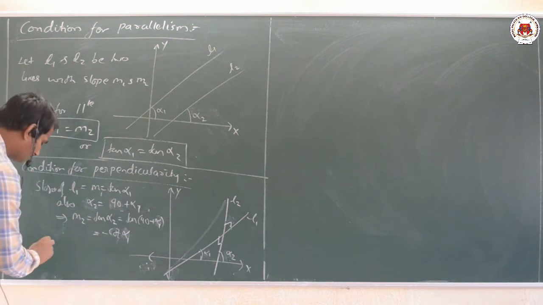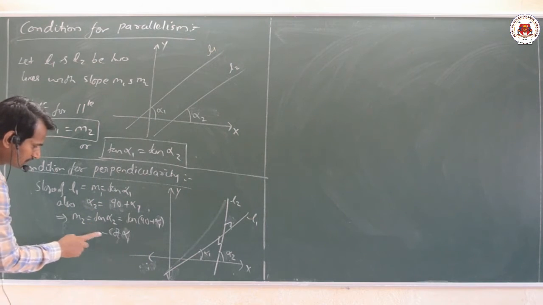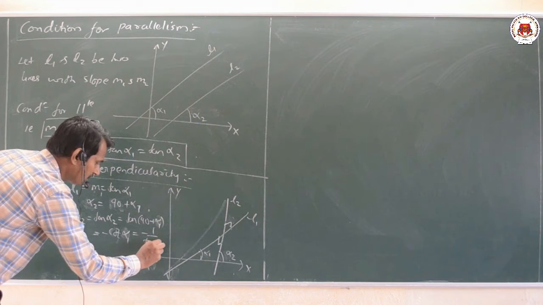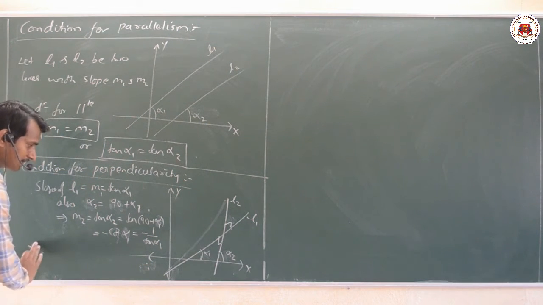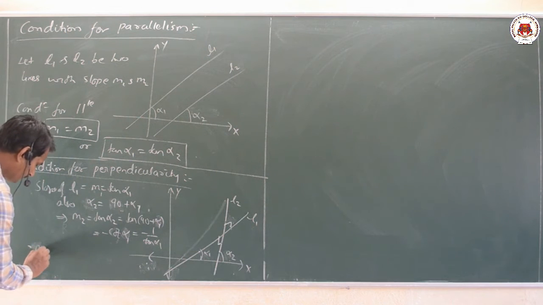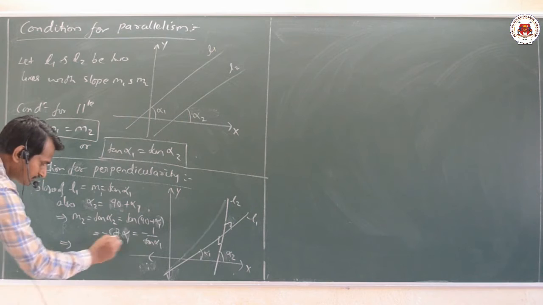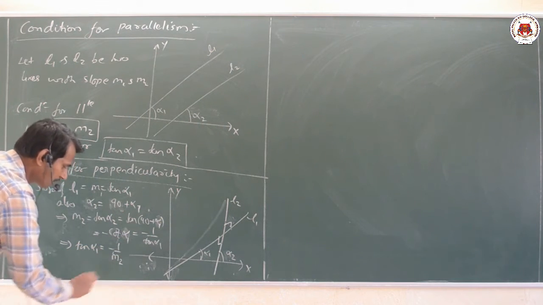Therefore m2 is equal to minus 1 divided by tan of alpha 1. From this equation, tan of alpha 1 is equal to minus 1 divided by m2.